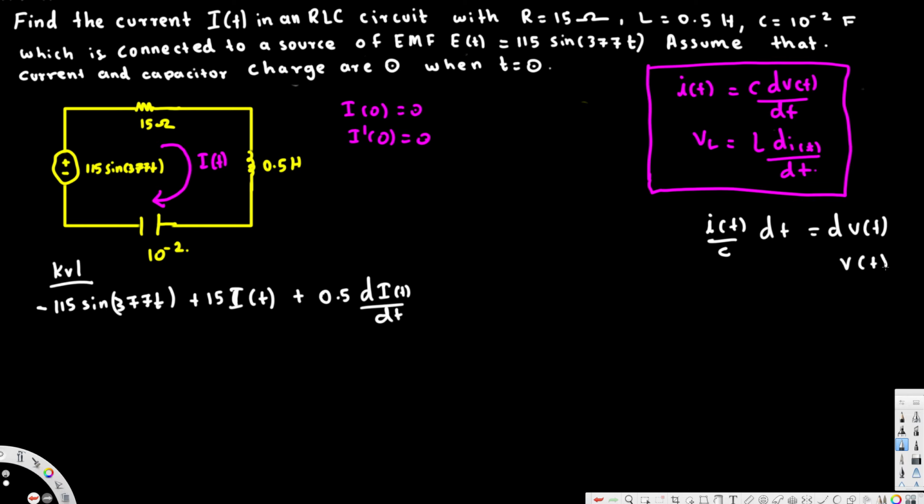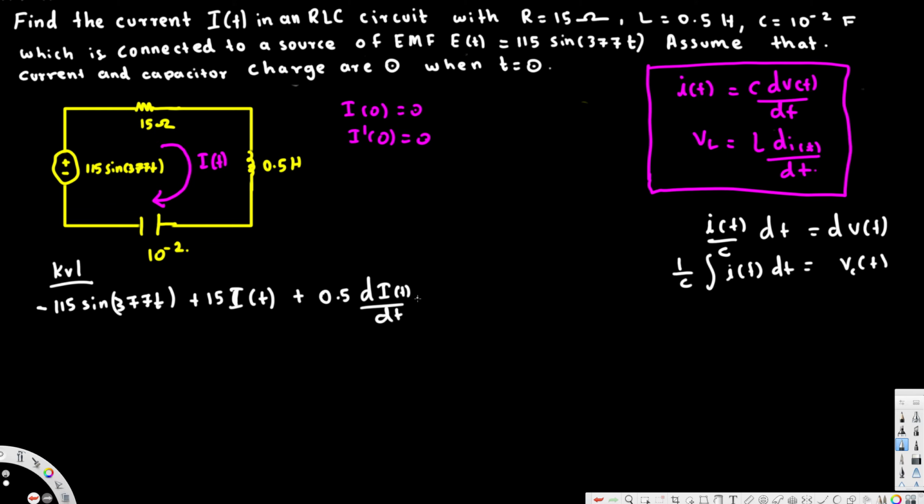So v of t through the capacitor is going to be equivalent to 1 over C, and I can move it to the front because 1 over C is a constant, 1 over C integral of I of t dt. So instead of the voltage across the capacitor, I can write this as 1 over C integral of I of t dt.